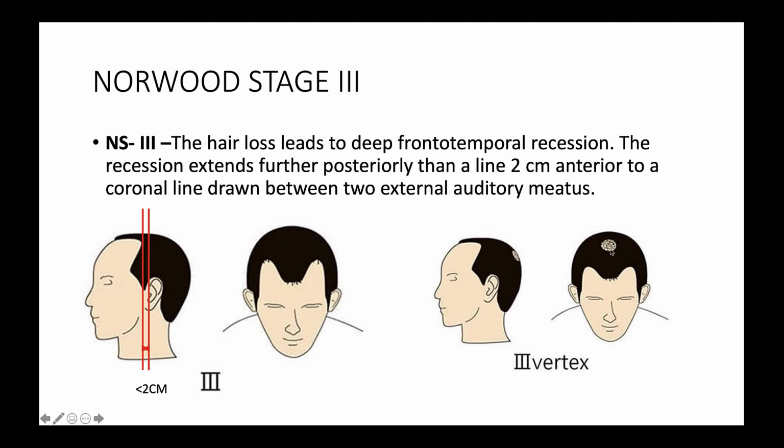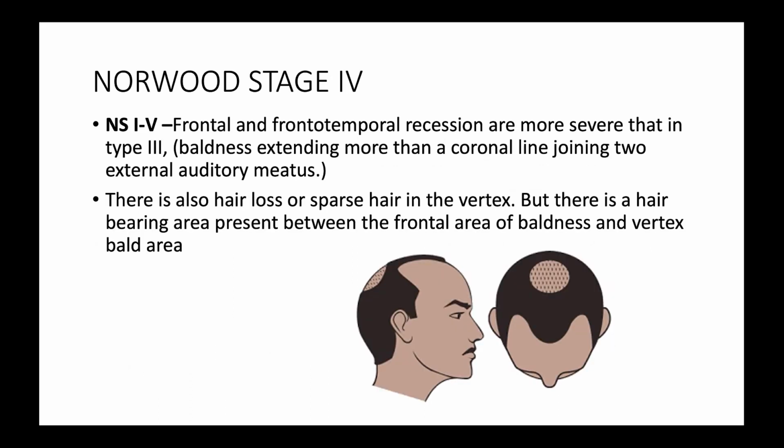So this is the vertex 3 classification. Then Norwood stage 4. In this stage, the frontotemporal area deepens further, becoming deeper than a line passing from the external auditory meatus, and there is also thinning and baldness in the crown area. So this becomes stage 4.